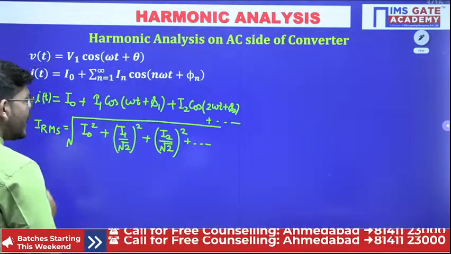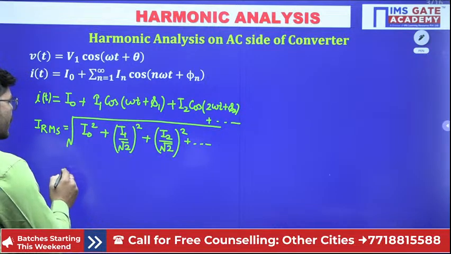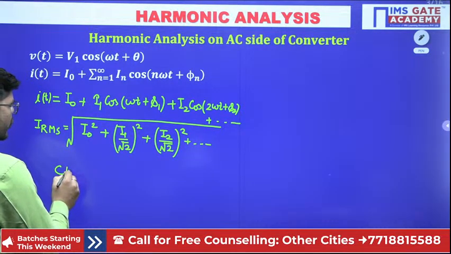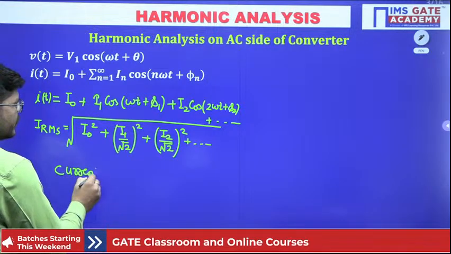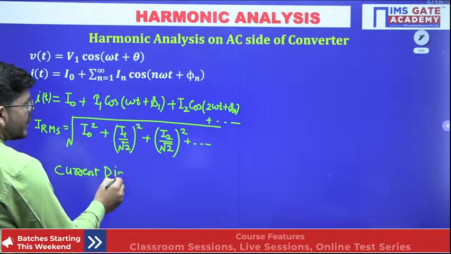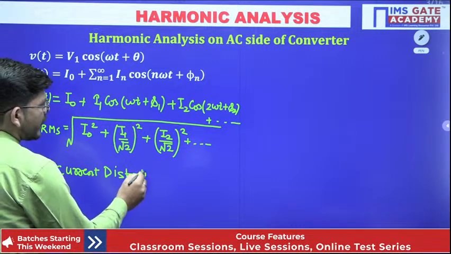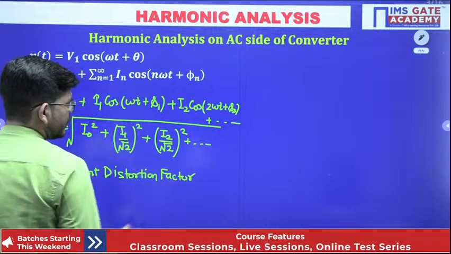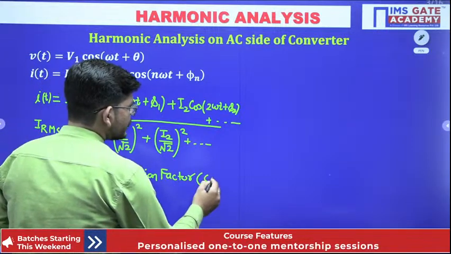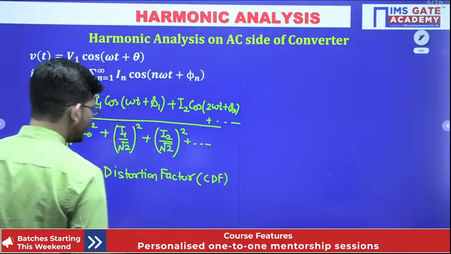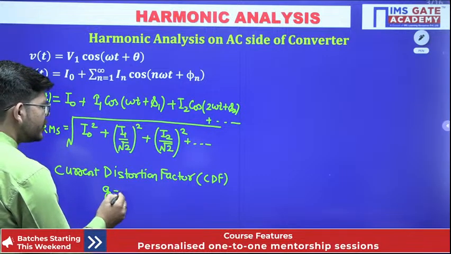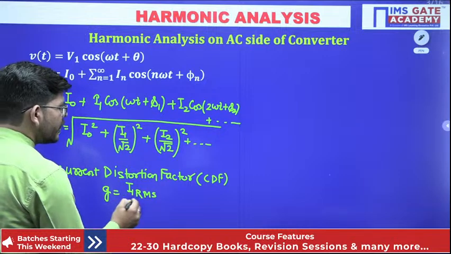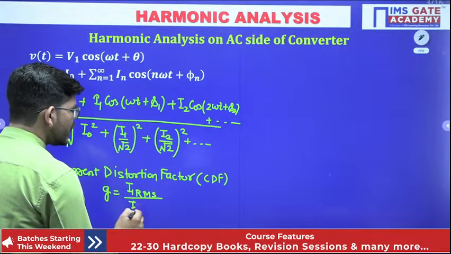Now we have defined one thing, the current distortion factor. So what is this current distortion factor? We defined it yesterday. The current distortion factor, CDF, is denoted by G, and G is basically equal to the fundamental RMS component divided by the total RMS component.